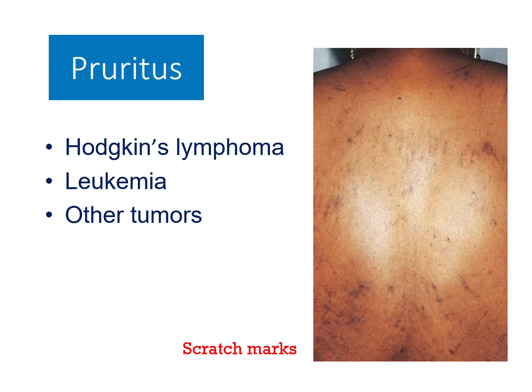Now, a very common paraneoplastic sign is pruritus, itching. These patients have generalized severe itching, and then you examine them, and all you see are excoriations or scratch marks. There is no skin disease to explain the itching, there is no scabies, of course we look for all of these.